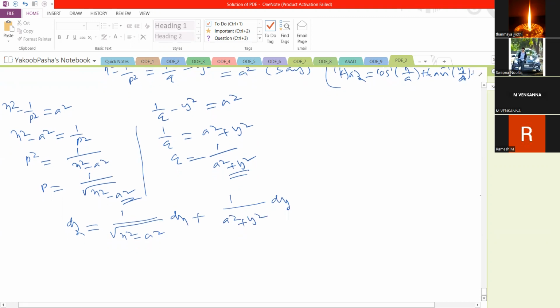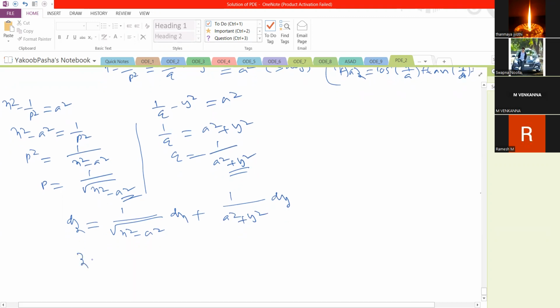Now integrate to get z. This is 1 by a cos h inverse x by a. There will be no 1 by a, sir. No 1 by a? There is none, because there is a root. Root 1, okay.